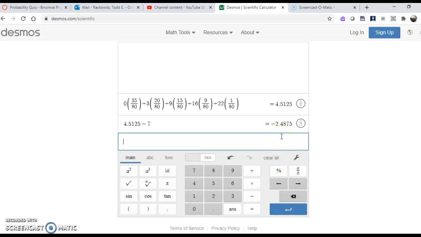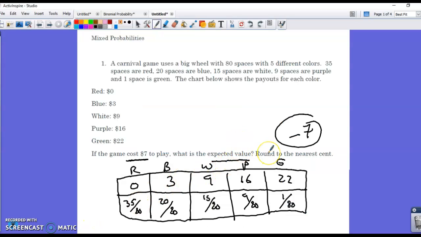So it'd be negative 2.4875. So if it comes out to be negative, don't forget to put that in your answer. If it doesn't come out to be negative, if it's positive, then don't worry about it.